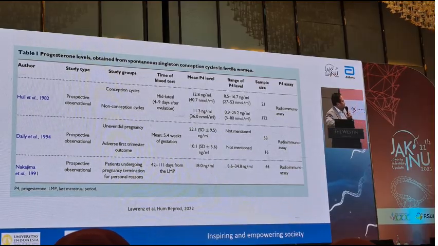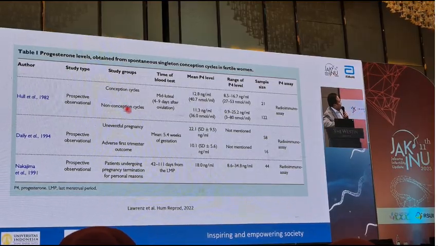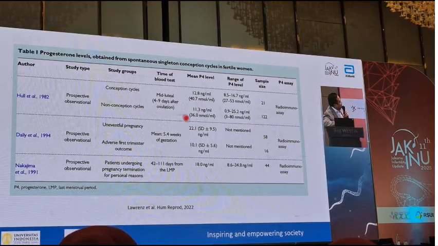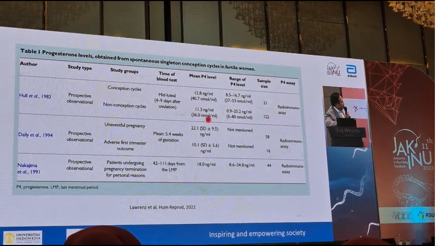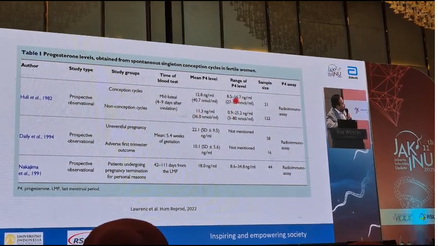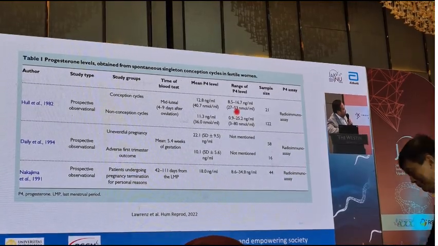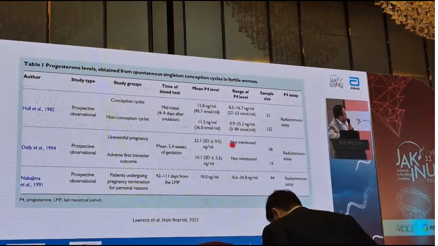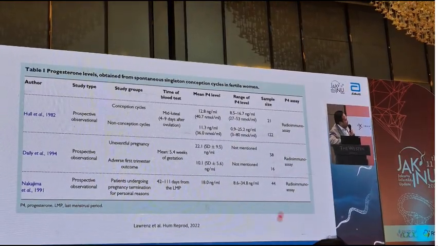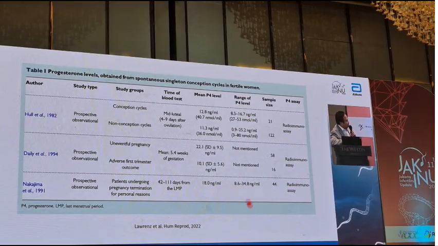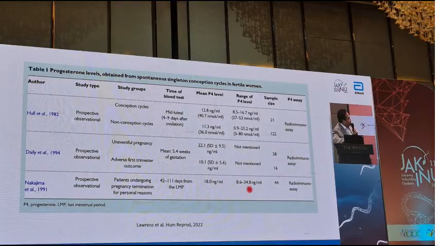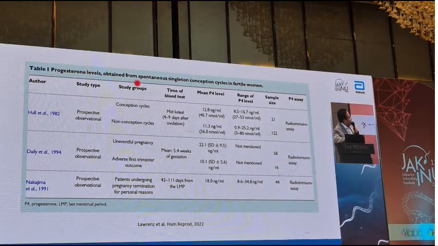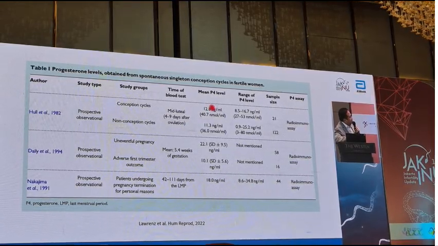Fatemi mentioned in this study, I think the study by Hall, looking at conception cycles, the mean level of progesterone is between 8.5 and 16.7 nanograms per milliliter. And also Nakajima, the range of progesterone level is between 8.6 and 34.8 nanograms per milliliter. This is the progesterone level obtained from spontaneous conception cycles.